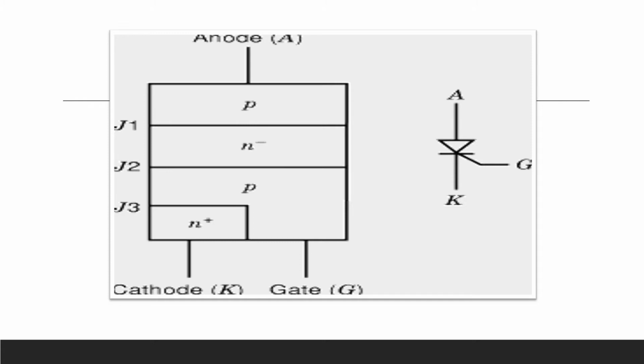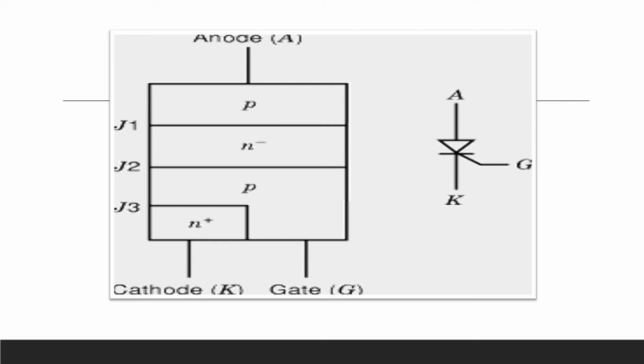Hence the insulated gate bipolar transistor, that is known as IGBT, was invented by a scientist in 1979 to address this issue. This variation on the SCR can easily be turned off from the conducting to blocking state by the action of the gate.